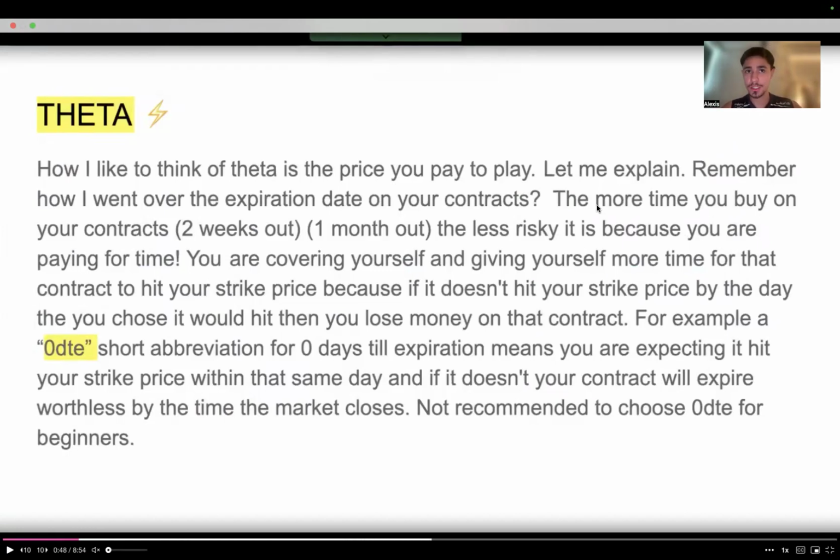When you're paying for a contract that expires very soon, like in only a day, or 0 days, meaning it expires the same day, those contracts will be fairly cheap. A lot of times people fall for those cheap contracts: oh, they're cheap, let me buy it. But a lot of times that means it's closer to zero. If it's that cheap, that means if you run out of time, it goes to zero.